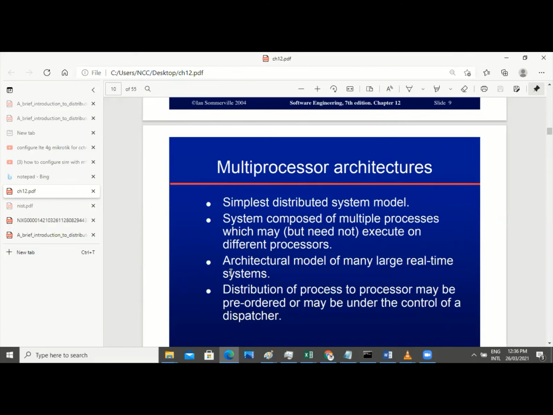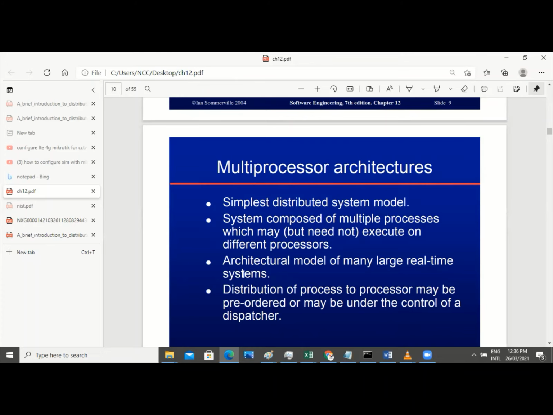The second thing is that the system is composed of multiple processes, which may execute on different processors. So, like I said, an array of processors that the system will use in execution.